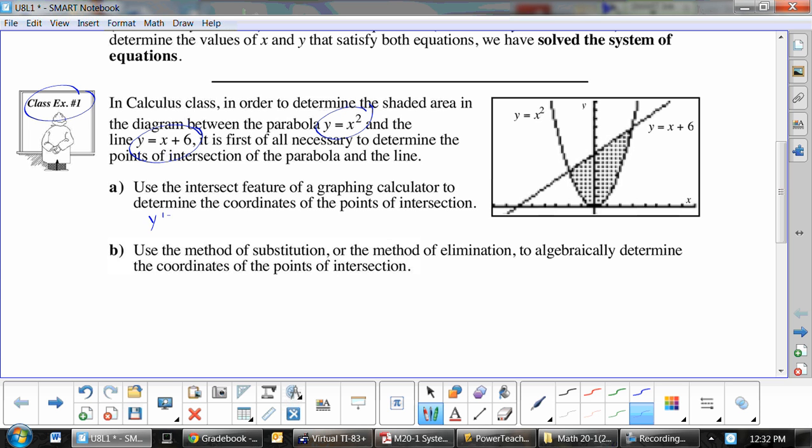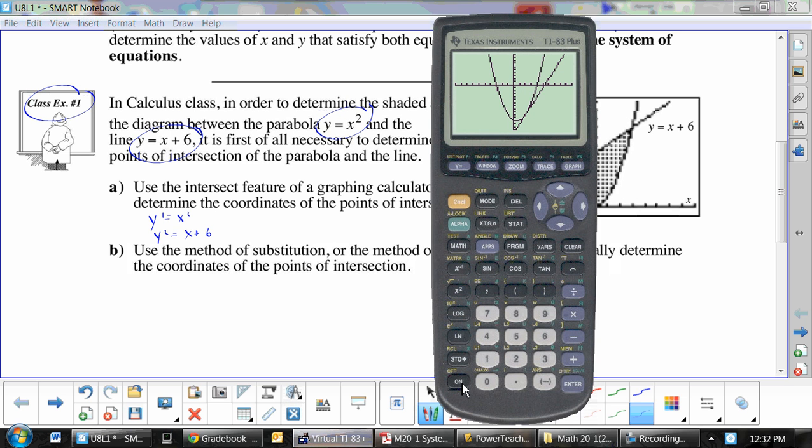So we go y1 is equal to x squared, y2 is equal to x plus 6. We can hit graph.